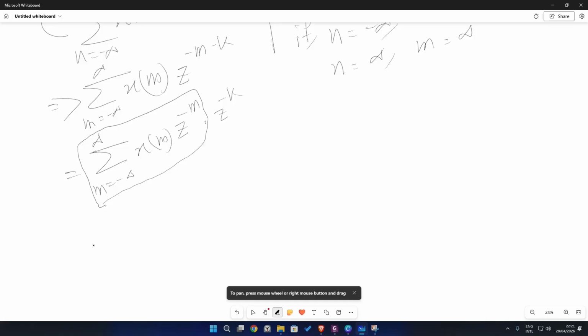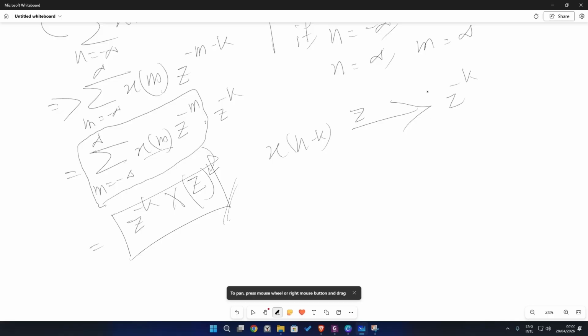So we can write z to the power minus k times the z transform of x of m, which can be written as X of z. So yes, it is derived. We can simply write, if we z transform x of n minus k, the answer will be z to the power minus k X of z. This is very important, we need this.